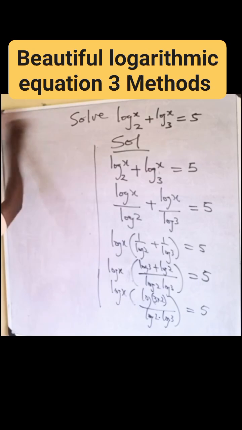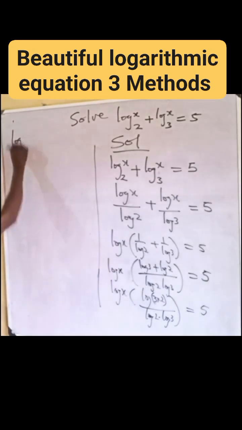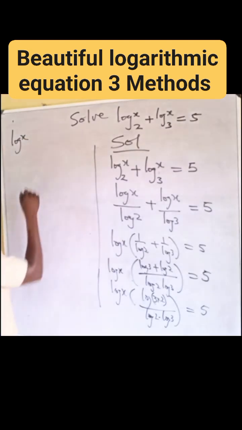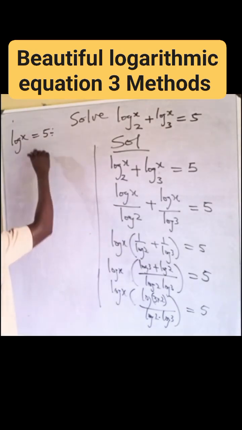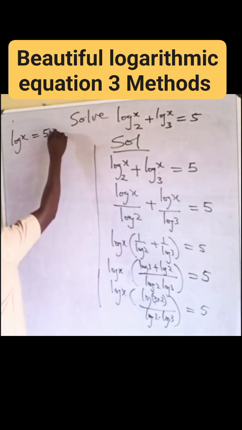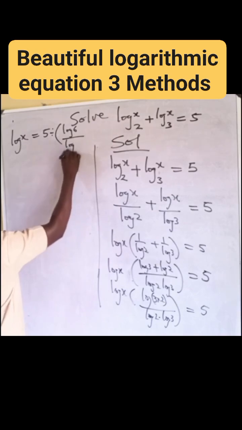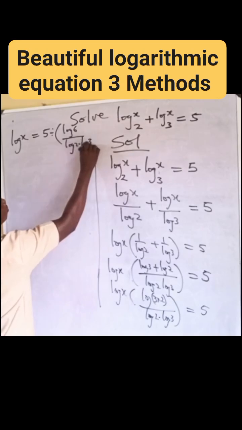So we'll continue this way and see what the result will be. So log x will now be equal to 5 divided by log 6 divided by log 2 times log 3.